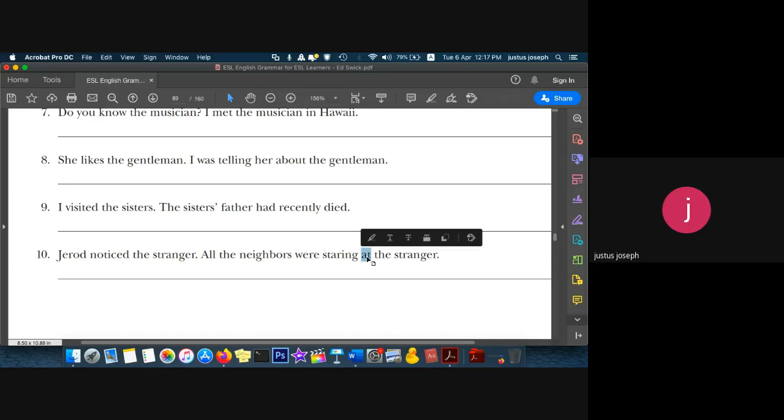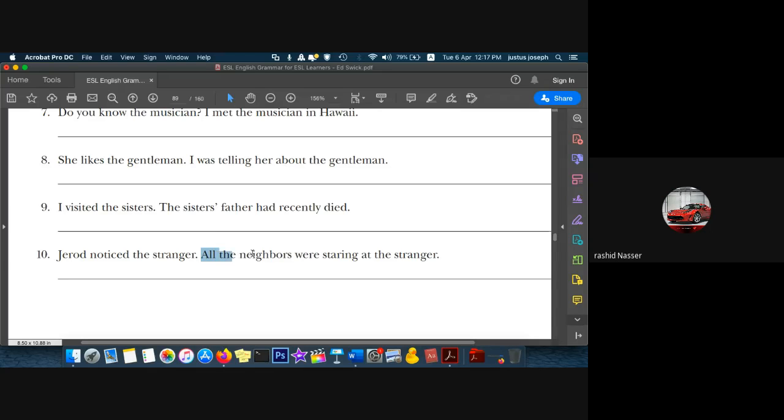Preposition. So what is the trick? We will use this word at and put it here after stranger. Gerard noticed the stranger at. What will the stranger become? At whom.